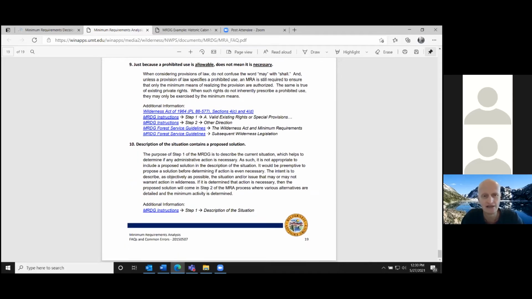All right, and then that last one, again, kind of what I was talking about, that description of the situation in step 1 starts to jump ahead to one of the alternatives or to one of the potential solutions. So those are just some common items to look out for.